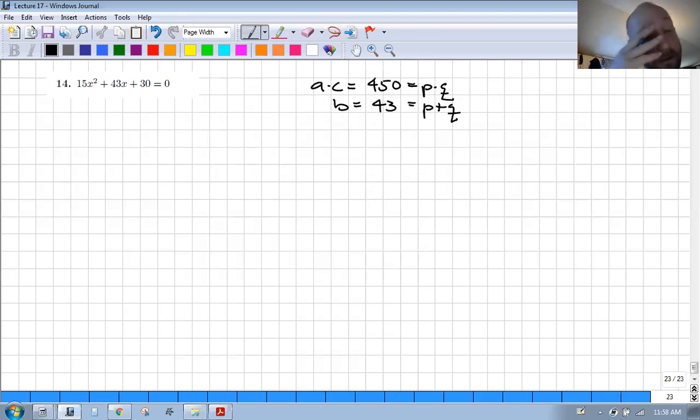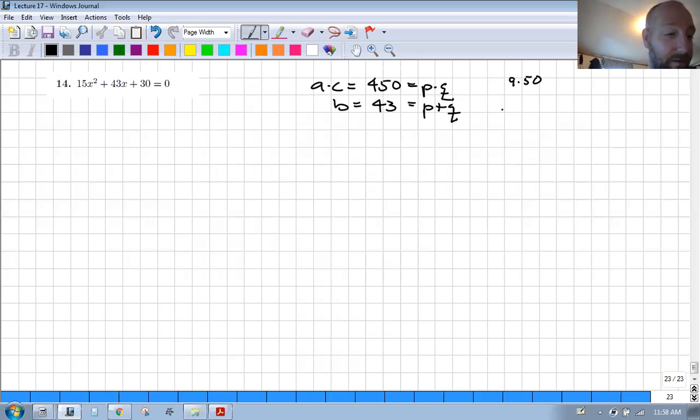Let's see. 450 divided by 9, 9 times 50 would be 450. So that gives me 59. Guess we'll have to start at the beginning.